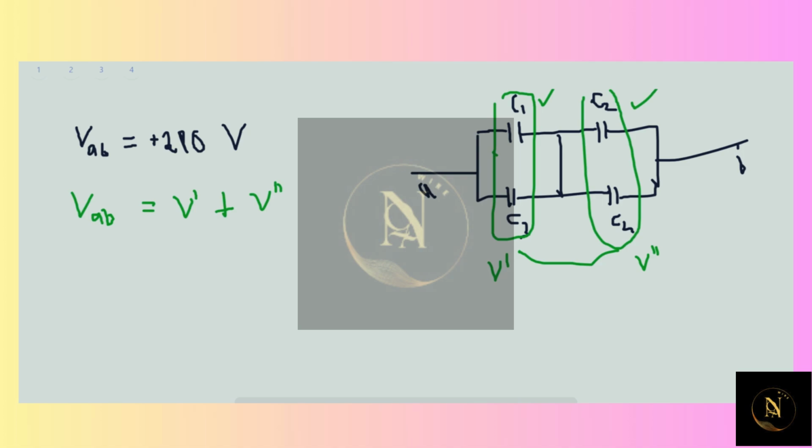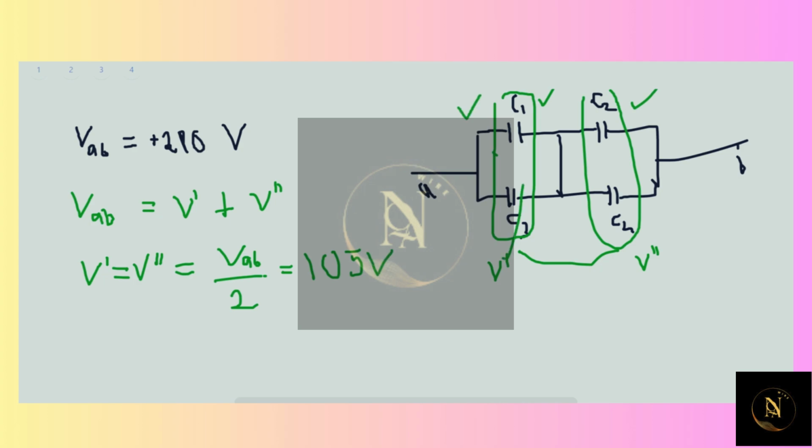Since C1 and C3, and C2 and C4, have the same set of capacitors, from symmetry we can say that V prime is going to be equal to V double prime, which is going to be half of the net voltage between A and B. So 210 divided by 2 becomes 105 volts.